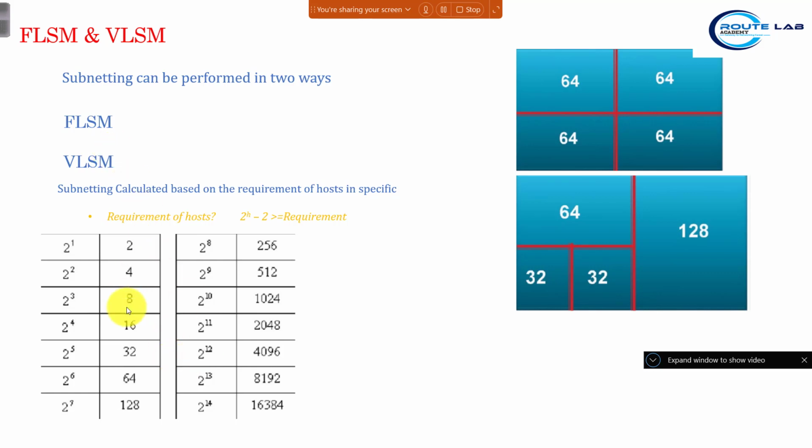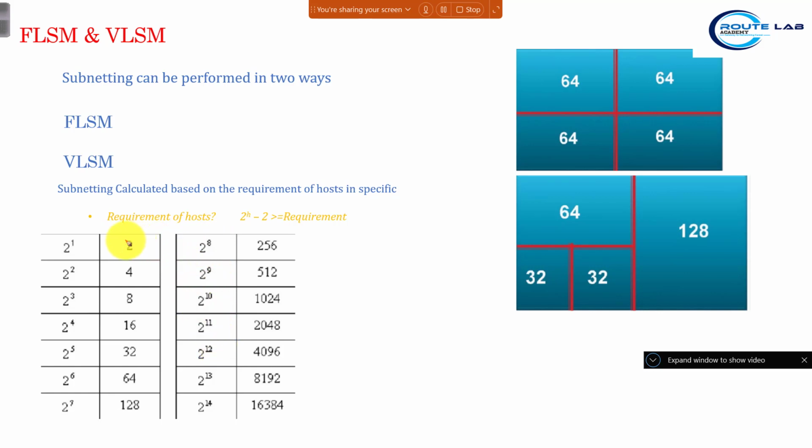This is a table called the 2 power table. With the help of this 2 power table, we divide the network into possible sizes, which is 2 power 1, 2 power 2, 2 power 3, 4, 5, 6, 7, 8, 9 and so on.